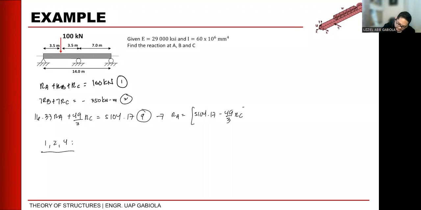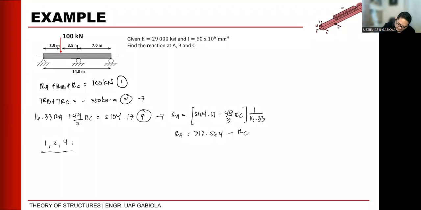Tapos multiply natin both sides by 1 over 16.33. So that will be 5104.17 over 16.33. This is 312.564 minus 49 over 3 divided by 16.33. That is RC na lang. Okay? Ito yung RA natin.